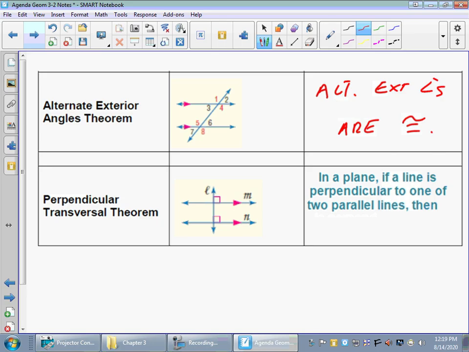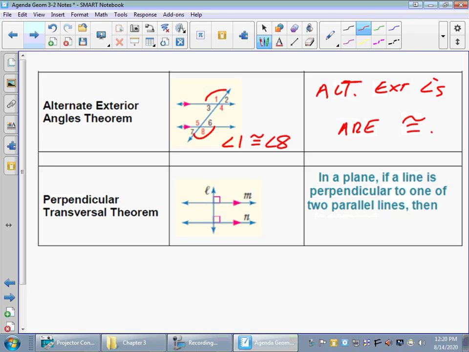Three of the four relationships we've discussed are congruent. The only one that's not is consecutive interior, which is supplementary. If we looked at, say, angles 1 and 8, they're exterior angles, alternate on opposite sides of the transversal, so they would be congruent. We could say angle 1 is congruent to angle 8.